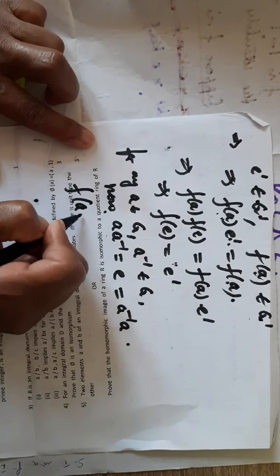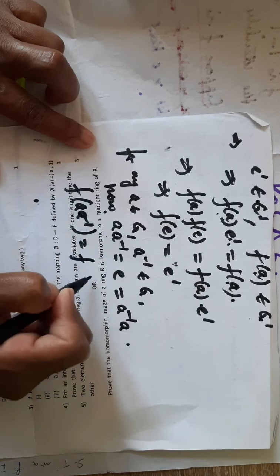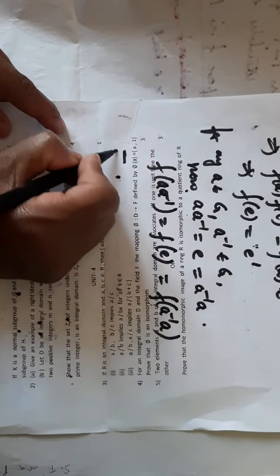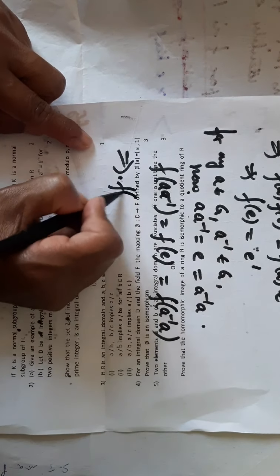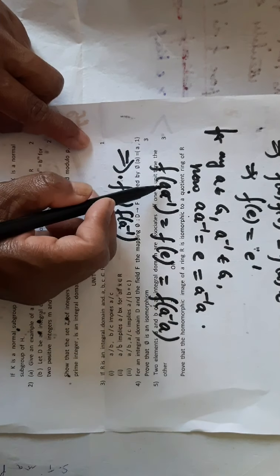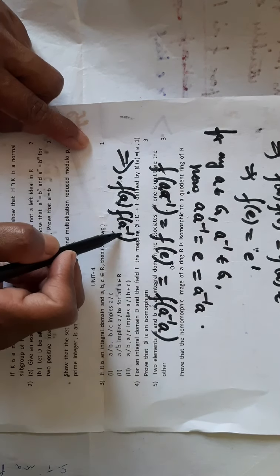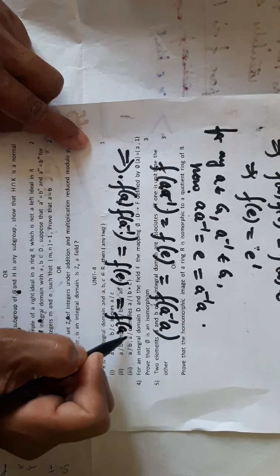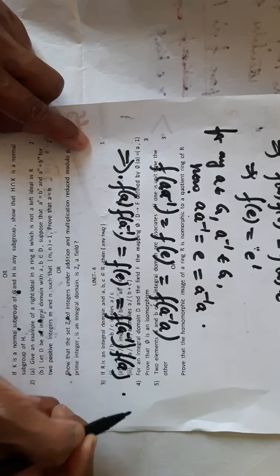So f of e is equal to f of a inverse a. And this implies that, because f is a homomorphism, f of a inverse a will be the same as f of a inverse into f of a.